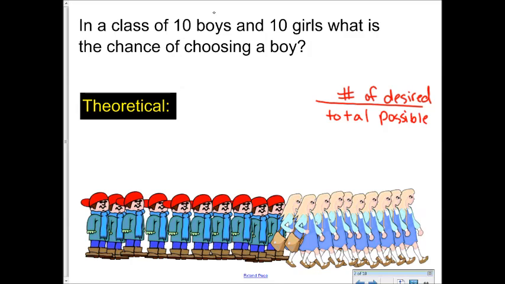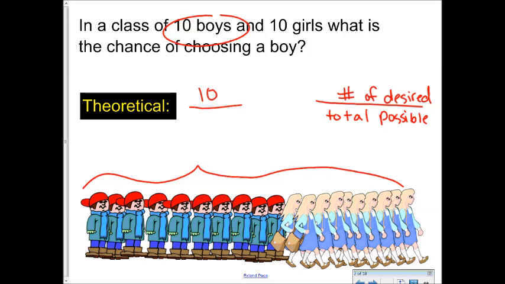Our desired outcomes is boys, so 10. Our total is all 20 people, so 20. Our chance of drawing a boy, therefore, is 1/2. Obviously, 10 boys, 10 girls, 1/2.